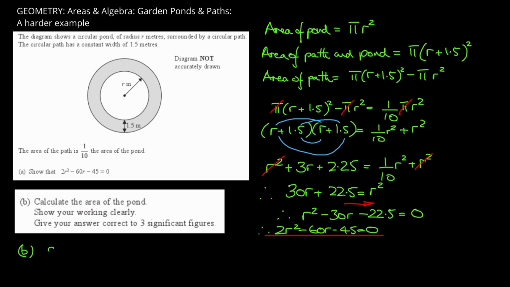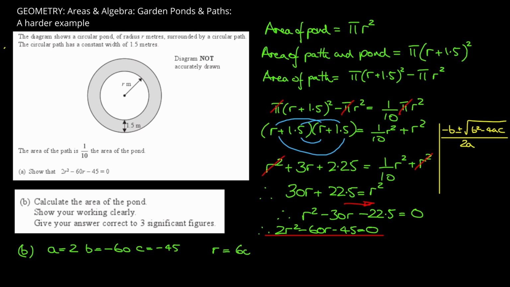I'm going to write a table. A is equal to 2, B is equal to negative 60, and C is equal to negative 45. So popping these values in, we're going to get that r is equal to negative b, so this is 60, plus or minus the square root of b squared, which is 3600.